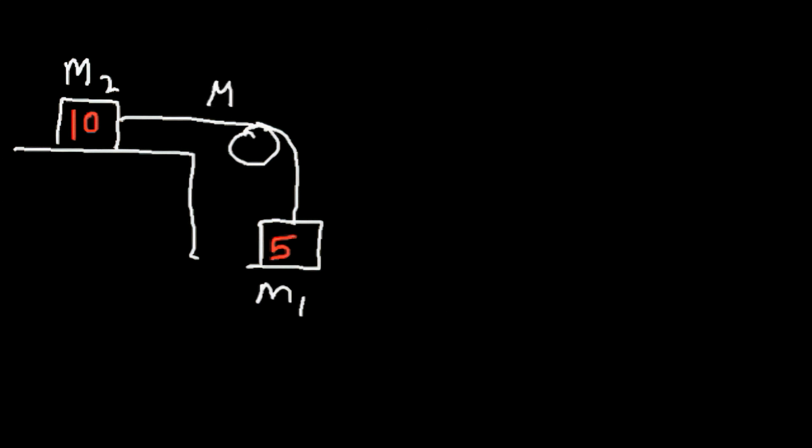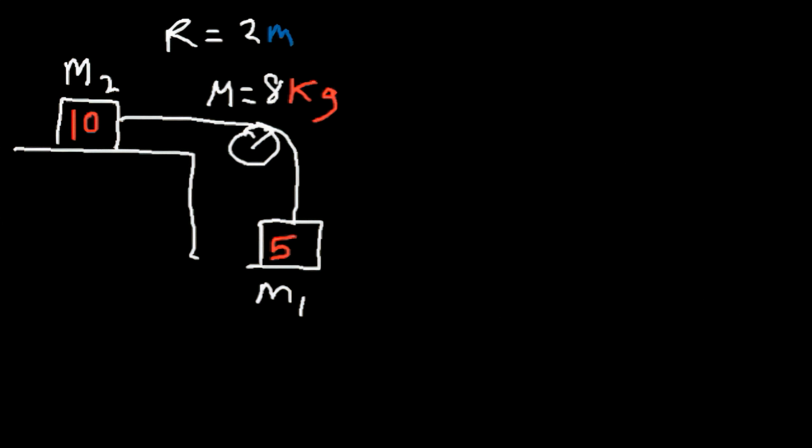And the mass of the pulley is 8 kilograms. And it's going to have a radius, let's say the R value is 2 meters. What is the acceleration of the system?